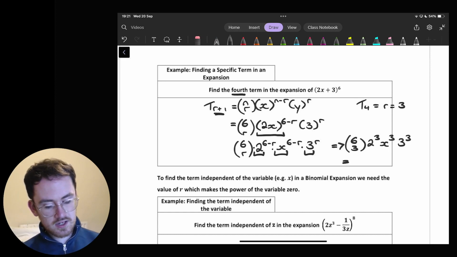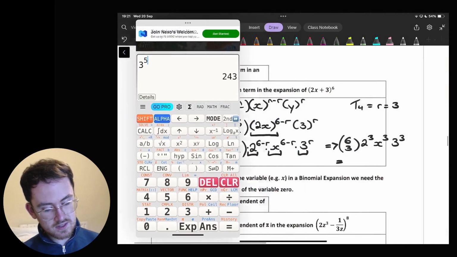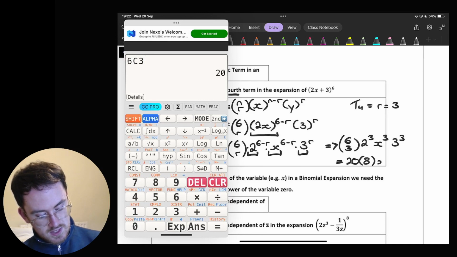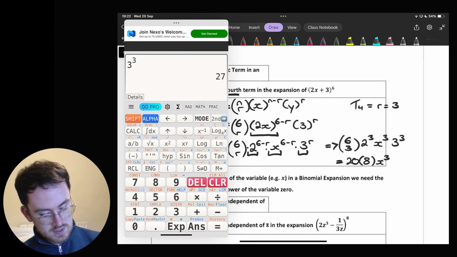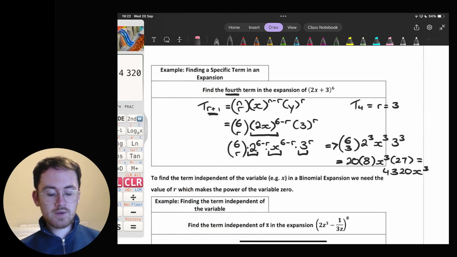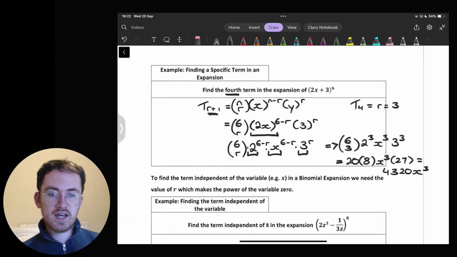Working out our value here, I would get 6 choose 3, which is 20, times 8, times x to the power of 3, and 3 to the power of 3 is 27. Multiplying all these values out, I get a value of 4,320x cubed, and that is my fourth term. And we've saved ourselves the trouble of working out that whole expansion. We could, of course, actually compute that expansion and see where we end up then.